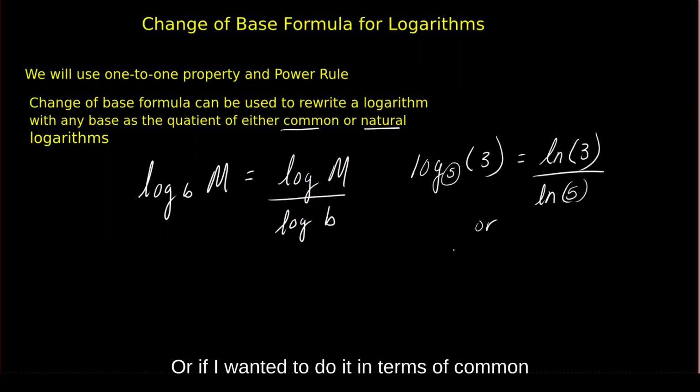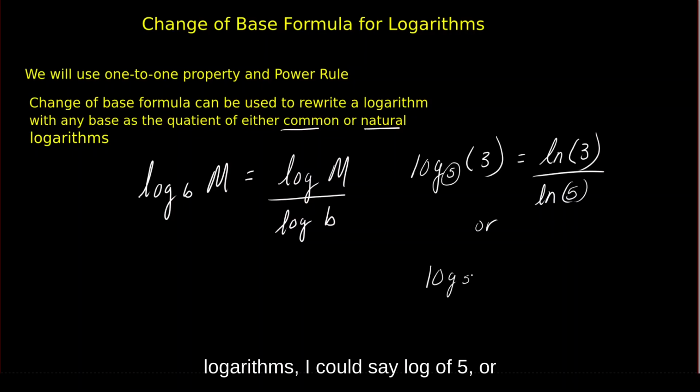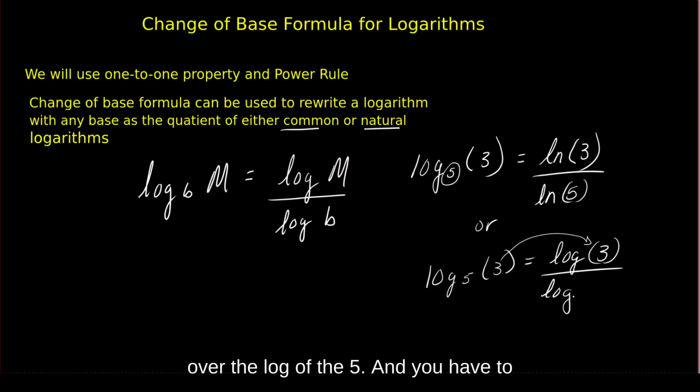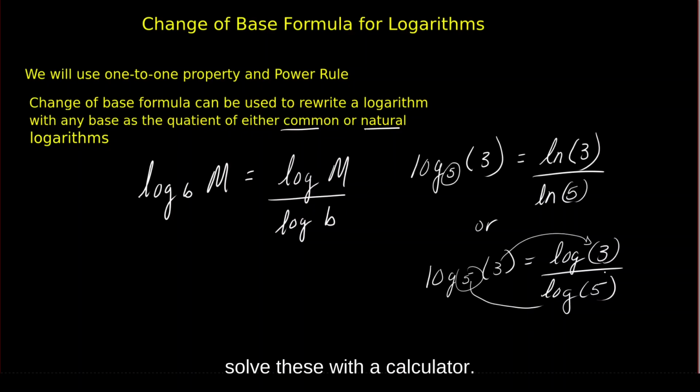Or if I wanted to do it in terms of common logarithms, I could say log base 5 of 3 will be the log of 3 over the log of 5. And you have to solve these with a calculator.